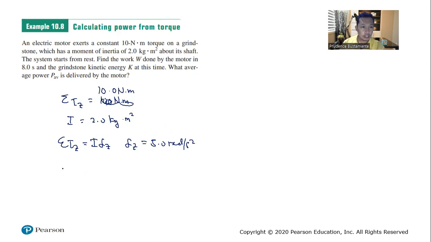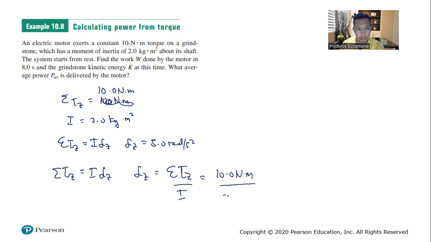The net torque is equal to I alpha z, so alpha z is equal to the net torque over the moment of inertia, which is 10.0 Newton meter over 2.0 kilograms meter squared. So we have 5.0 radians per second squared. That's the angular acceleration.